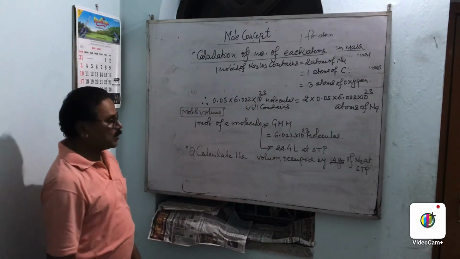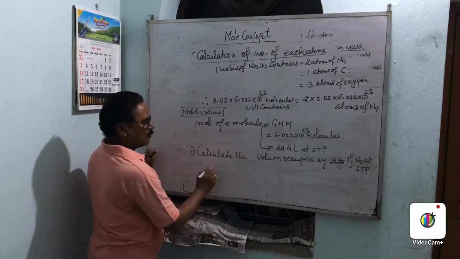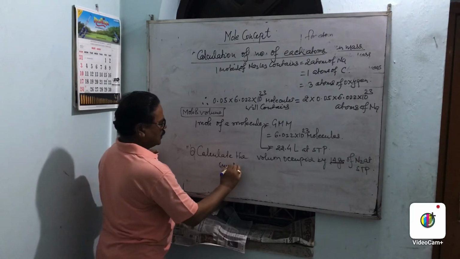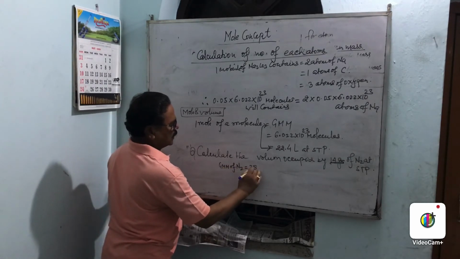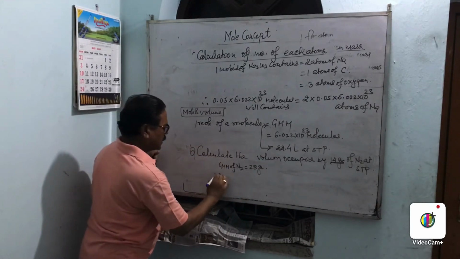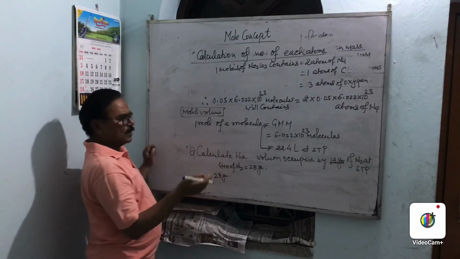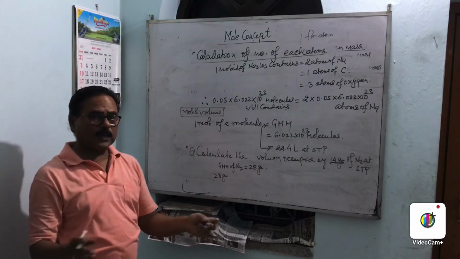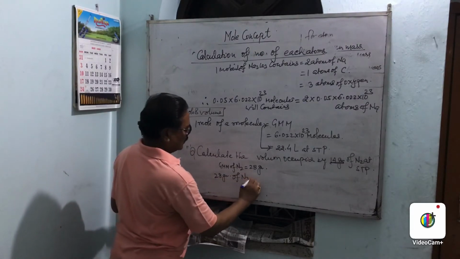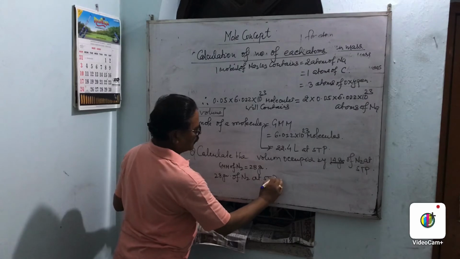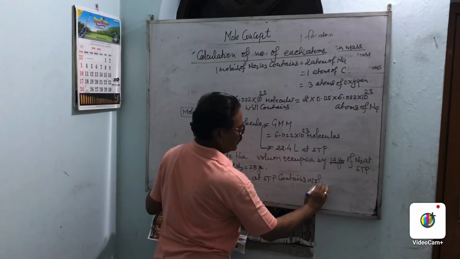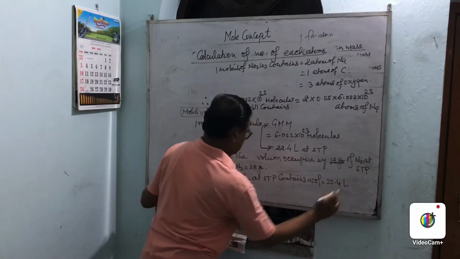Is it clear? So what we write here is the gram molecular mass. Gram molecular mass of nitrogen is 28 gram. So 1 mole of N2 will contain how much gram? 28 gram. 28 gram of nitrogen at STP contains a volume of 22.4 liter.